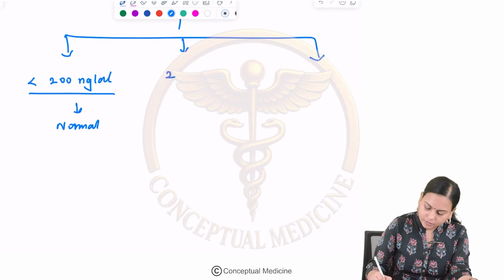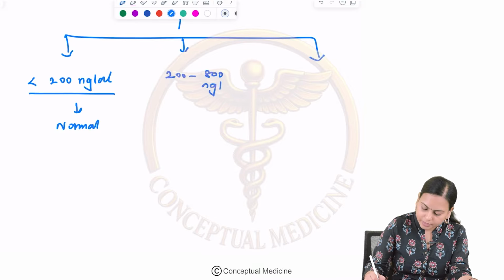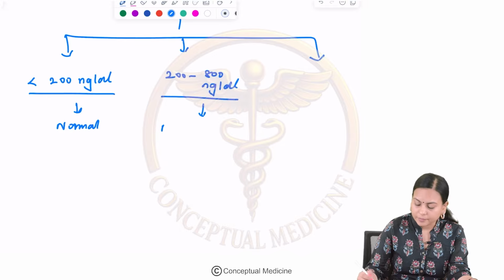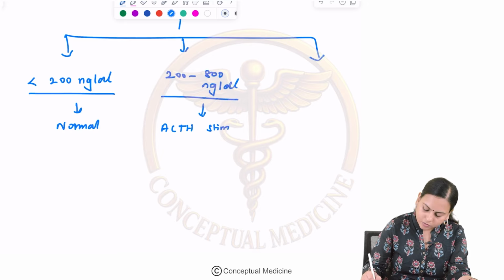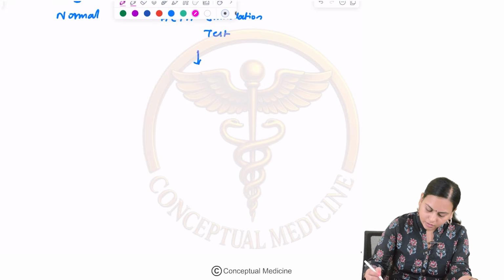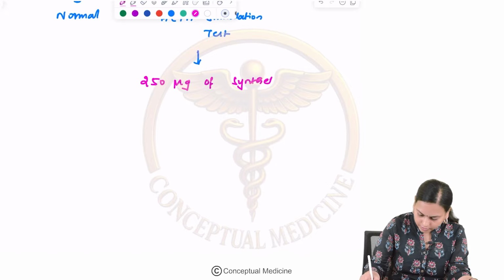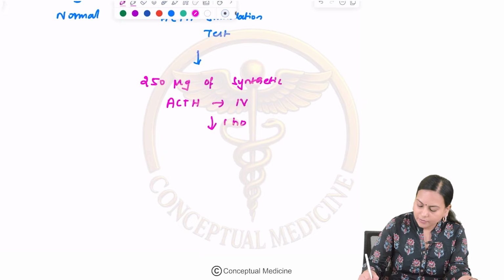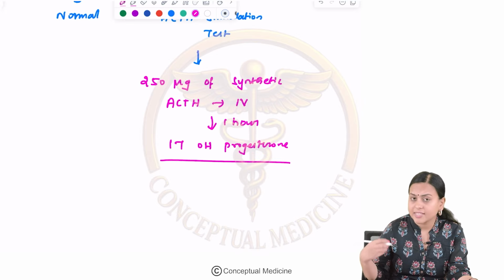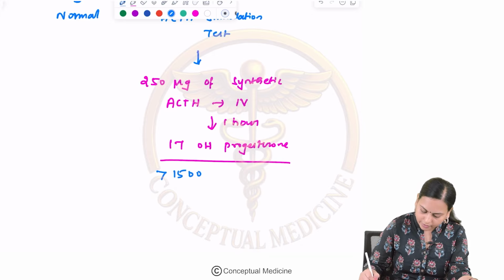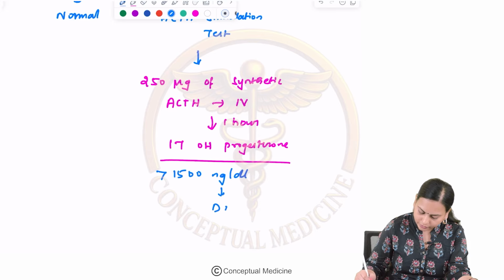If it lies between 200 to 800 nanogram per deciliter, then you have to offer them an ACTH stimulation test, in which you give 250 microgram of synthetic ACTH as an IV injection, and after 1 hour you measure 17 alpha hydroxyprogesterone, and if it has risen above 1500 nanogram per deciliter, it is diagnostic.